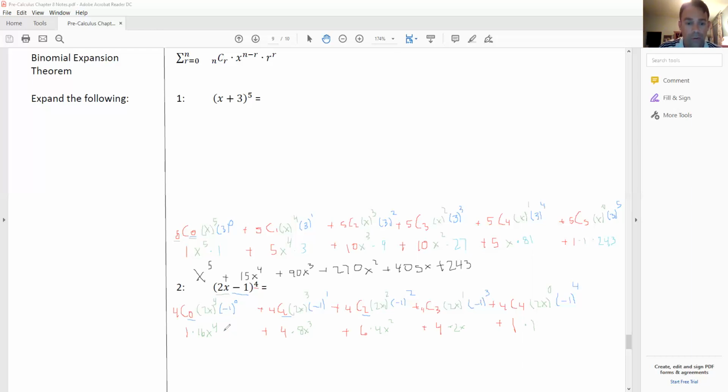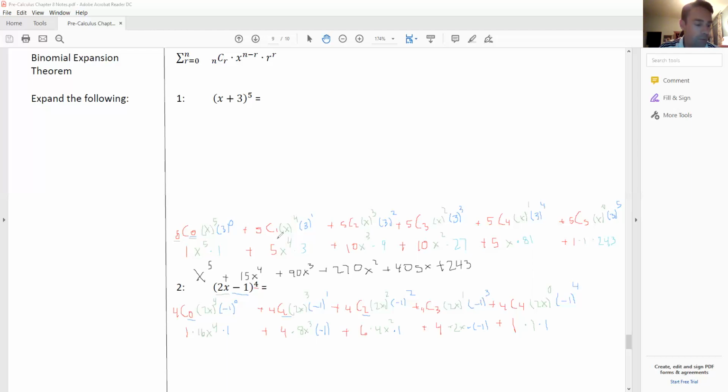Negative 1 to the 0 is 1. Negative 1 to the 1st is negative 1 times 1 times negative 1 times 1.